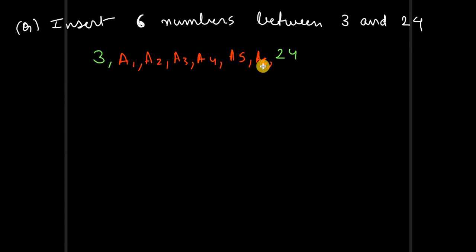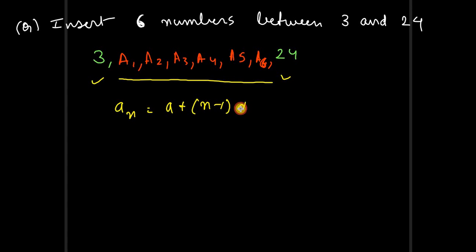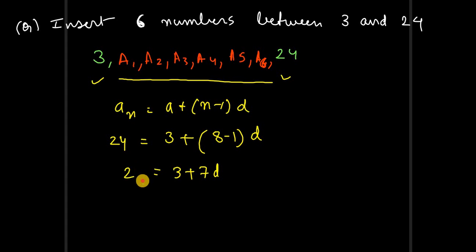As we know, the number of terms inserted in the sequence is 6. A1 to A6 is 6 terms, this one is 7th, let's say this one 8. So we have n equals 8, that is, the total number of terms is 8. So we can write this formula An equals A plus n minus 1 into D. 24 is An, the last term, first term is 3, n minus 1, as we have counted the total number of terms is 8, so 8 minus 1 into D, and we don't know D. So that will be 3 plus 7D equals 24.